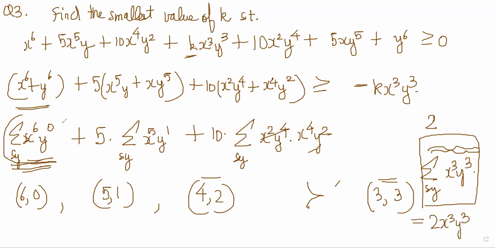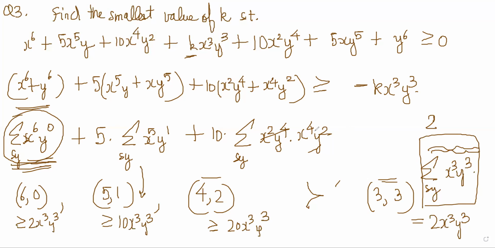This is greater than 2x cube y cube. This is greater than 5 into 2, 10x cube y cube. And this is greater than 10 into 2, 20x cube y cube. So the whole LHS is greater than or equal to 32 x cube y cube. So k can be minus 32. K has to be minus 32.